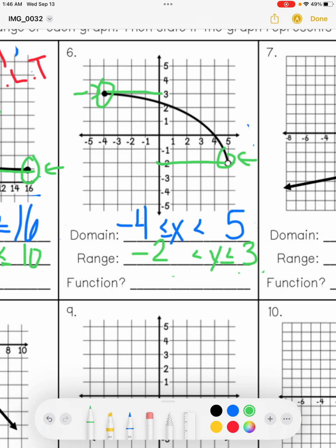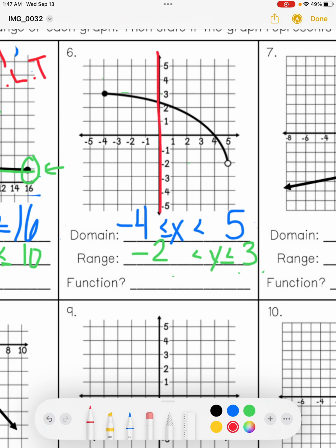Now, is it a function? Well, they gave me a graph, and they're asking me, is it a function or not? So how do I do that? We use our vertical line test, and we just go through and see, do I ever hit the graph more than once whenever I draw a vertical line? So if I draw a vertical line here, I only hit it once, so that's fine.